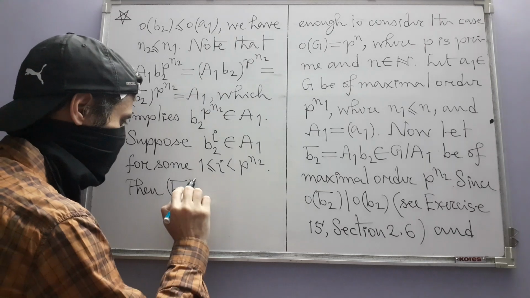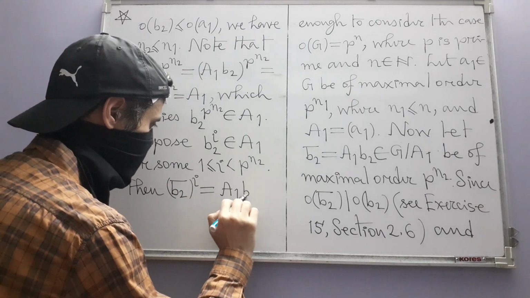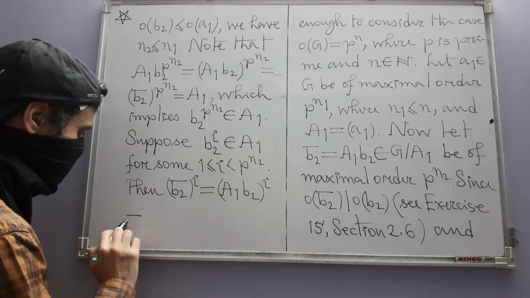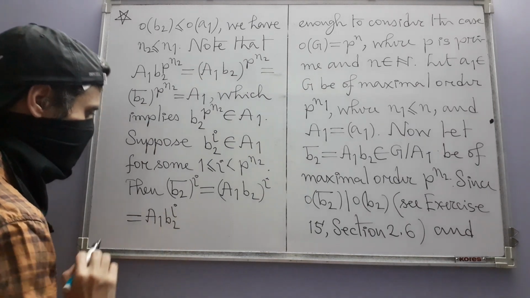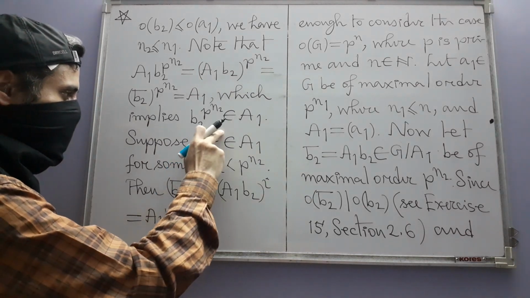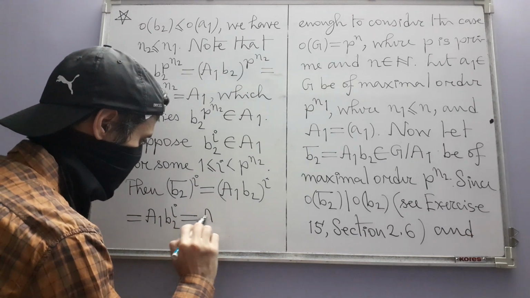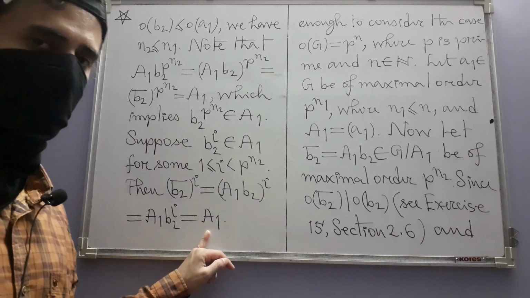That way it will become more clear. a1 b2 to the power I. But because b2 to the power I is an element of a1, this coset is nothing but a1. However, something has gone wrong here.